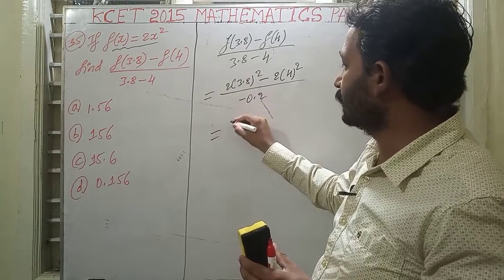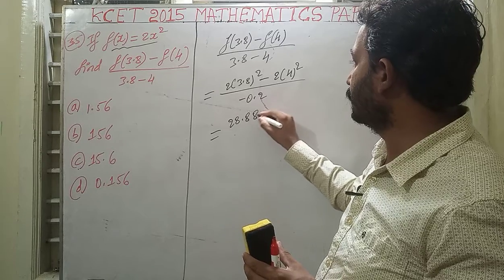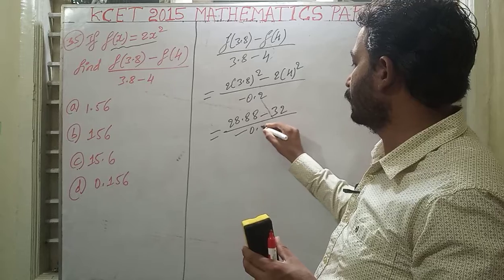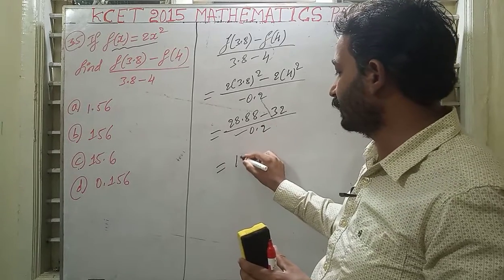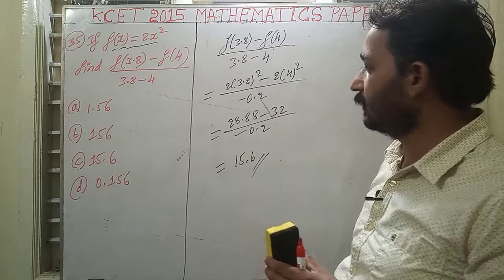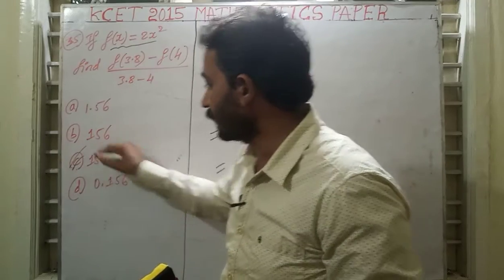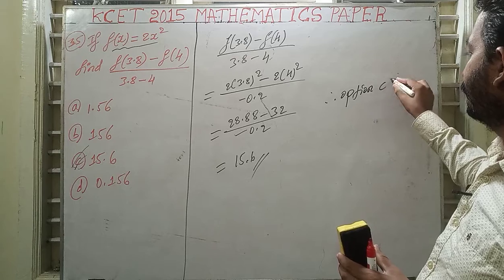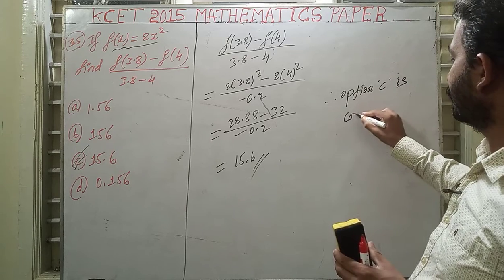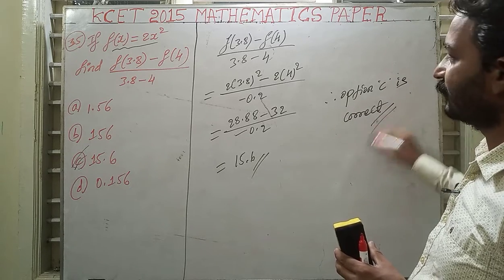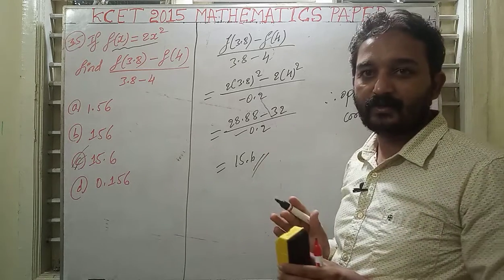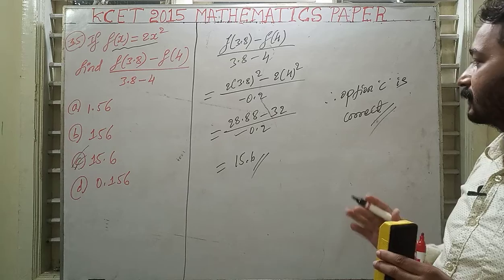So now this becomes 28.88 minus 32 divided by minus 0.2. Simplify this, we get the answer 15.6. Option C is correct. This is a very easy question. Most of the students solve this question easily.